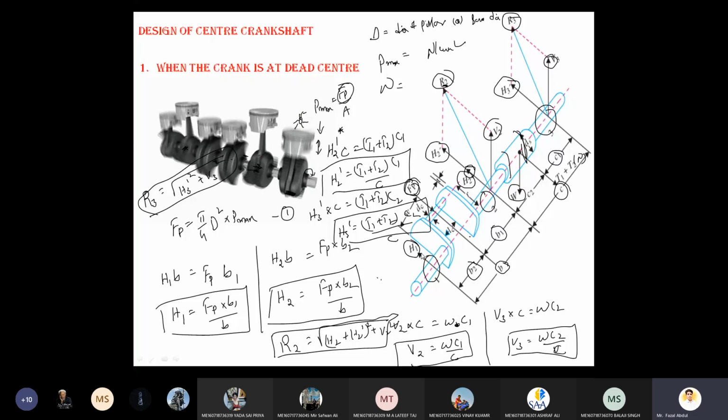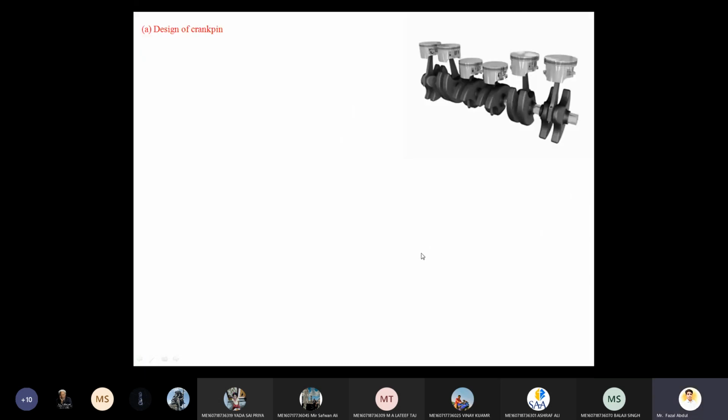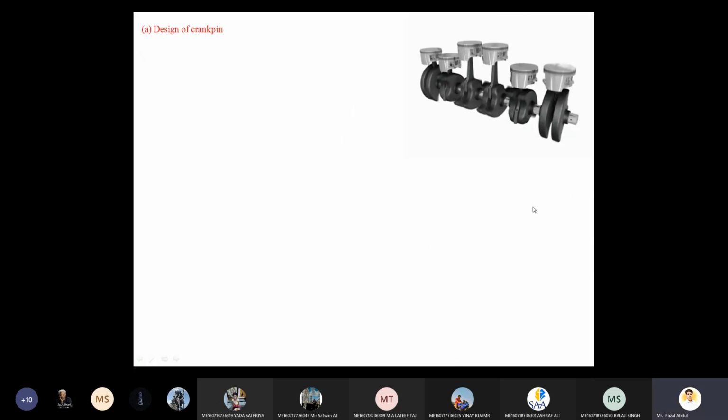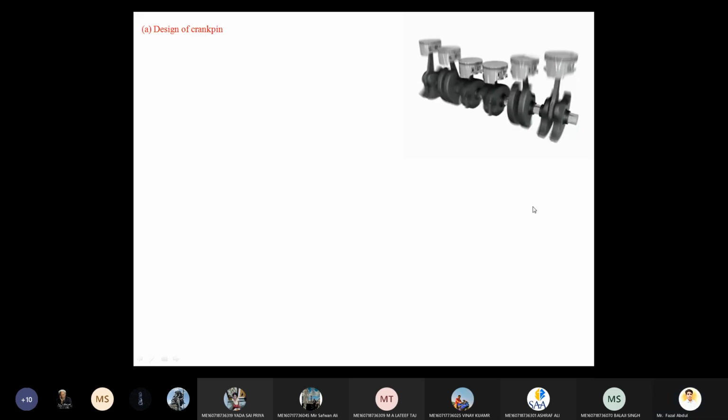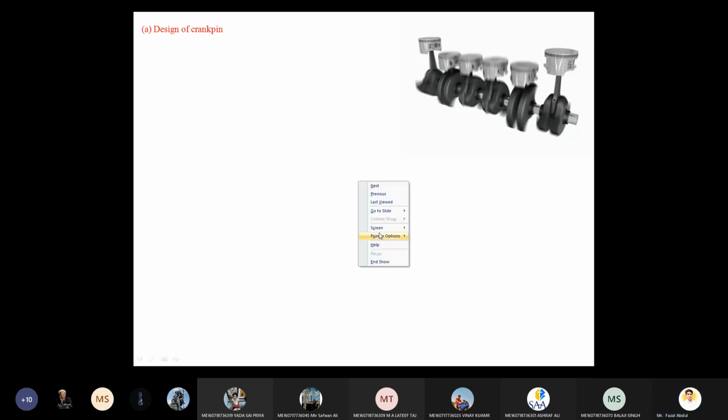Okay. Now design the crank pin here. We are designing the crank pin, first stage. Now the first one is the design of the crank pin. Let D be the diameter of the crank pin in mm, and LC the length of the crank pin in mm.